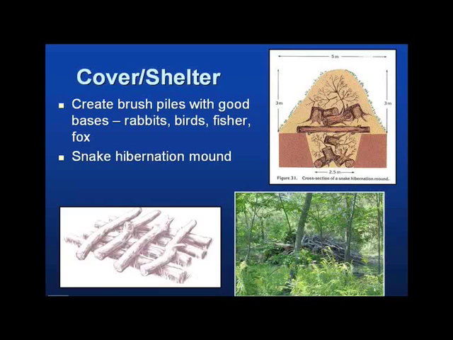The key is to start with good bases. So in the lower left-hand corner you see some 4-foot logs that are crisscrossed, and then what you would do is put those branches on top, so that as those branches break down, you still have some openings for a rabbit, or for some other small mammals or birds to get into some of those spaces and use that as a rest area and be protected from predators.